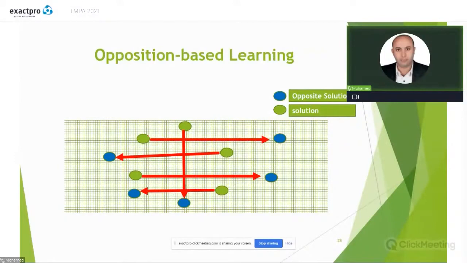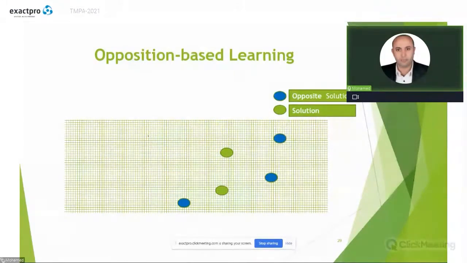I mean, here we have 5 solutions at first. After that, we compute the opposite solution for each of them, so we have 10 solutions now. We want to determine the best of them. This best one we can use to update the solutions in the next iteration, and this can lead us to converge fast to the optimal solutions.